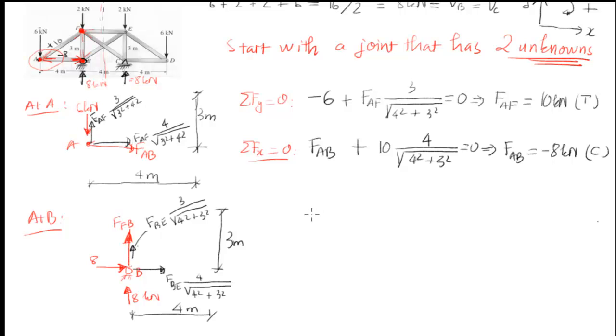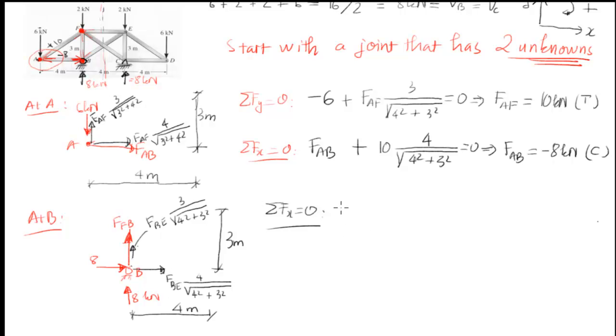Now, for sigma Fy, we have this one in y, this one in y, and that one in y. So we have 3 forces in y but 2 unknowns, so it's not a good way to start with Fy. I suggest you take sigma Fx equals 0 first. We have one force this way, one force this way, and only one unknown, so it's possible.